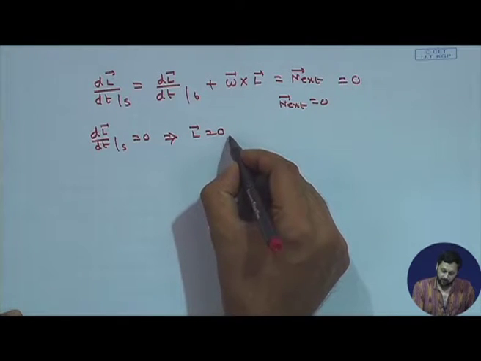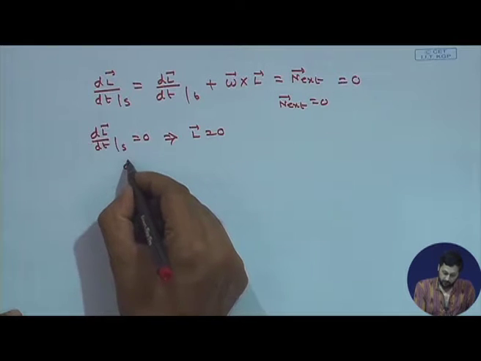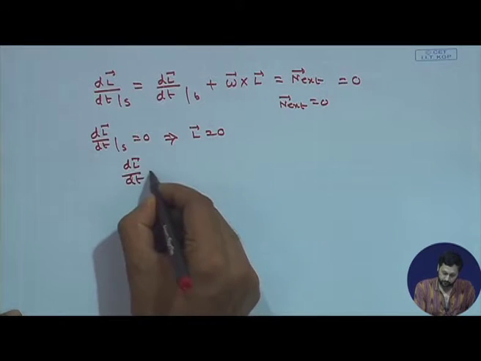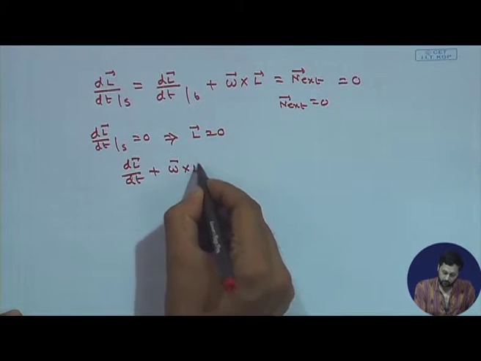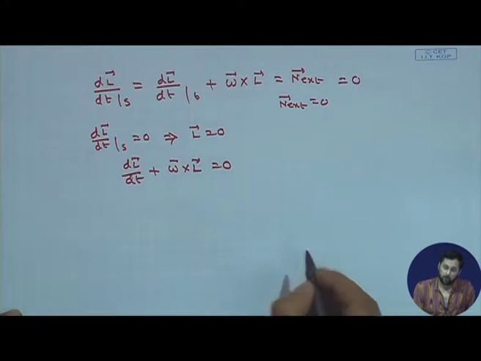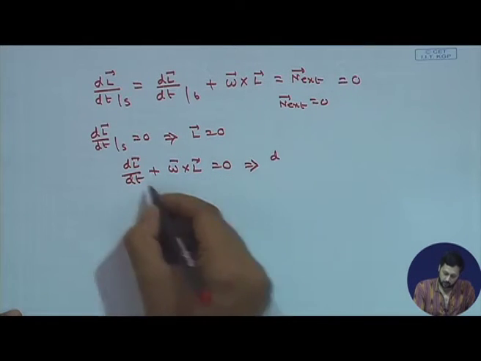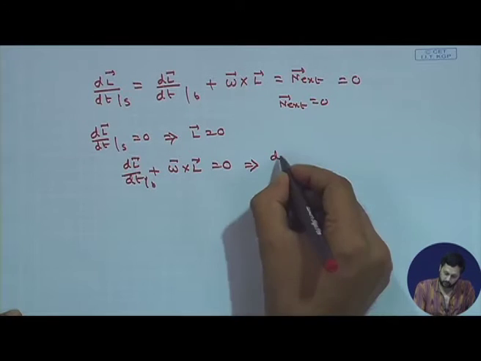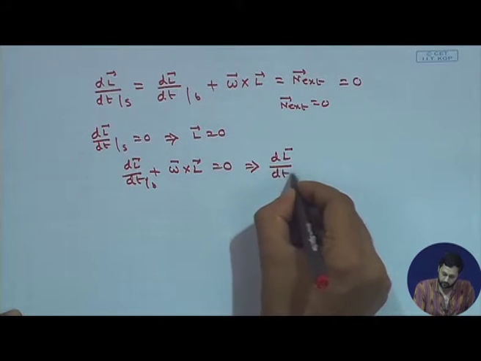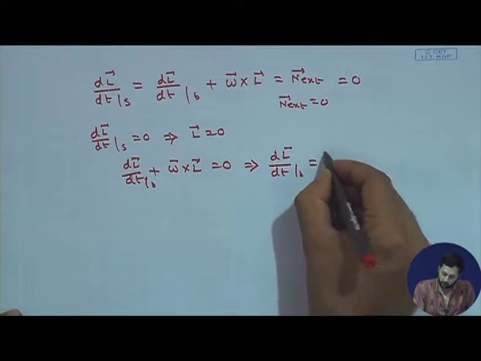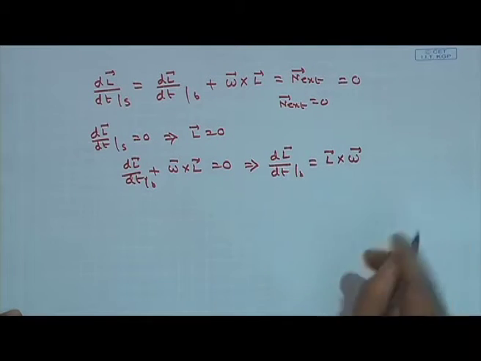Now, what happens in the body set of axes is dL/dt plus omega cross L becomes 0, which implies, so we should write (dL/dt) body is equal to L cross omega.